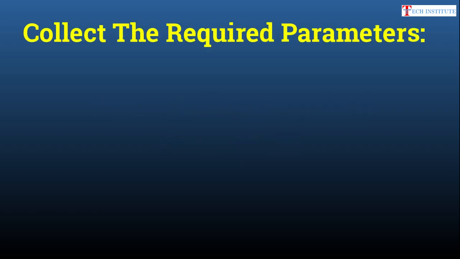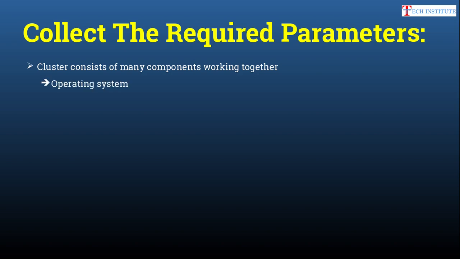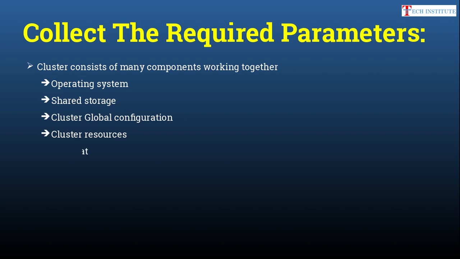In collecting the required parameters, the first thing we'll see is that any cluster you build consists of many components working together: your operating system, your shared storage, your cluster global configurations, and then cluster resources and applications. Shared storage means the same storage is being shared between the nodes.